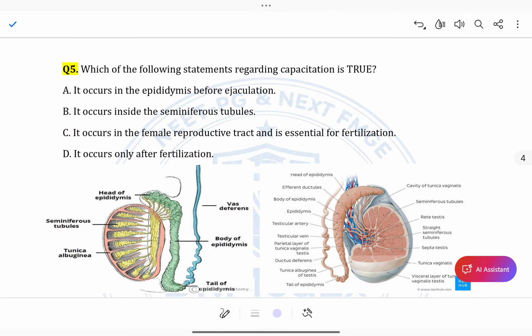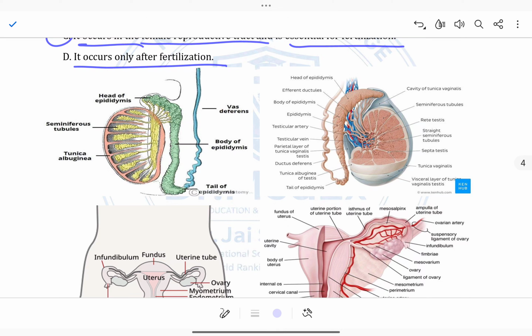I have provided important figures from online sources. You can go through them. This is the body of the epididymis, this is the tail of the epididymis, tunica albuginea, seminiferous tubules, and head of the epididymis.